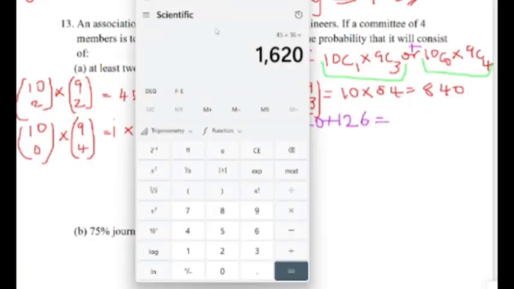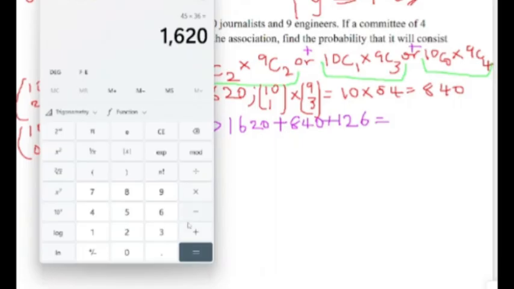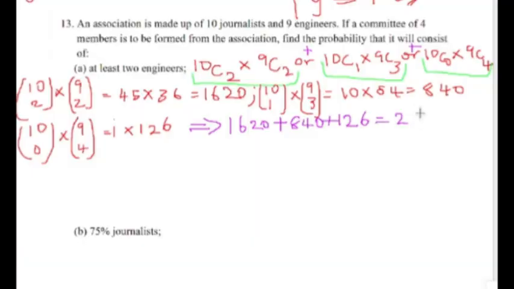Let's sum these up, and that gives us 2586.